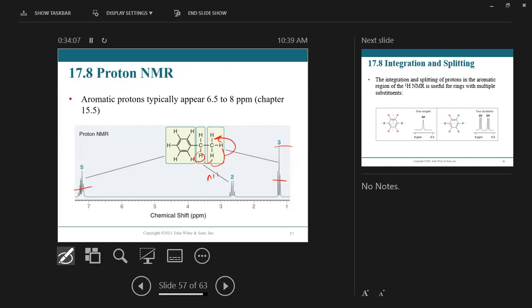So you have n plus 1, so it'd be 3 plus 1. You get a quartet right here. This is a multiplet right here. We have 2 protons, and we have 5 protons. So you have your NMR and you have your IR, and all this does is help you put together the structure.